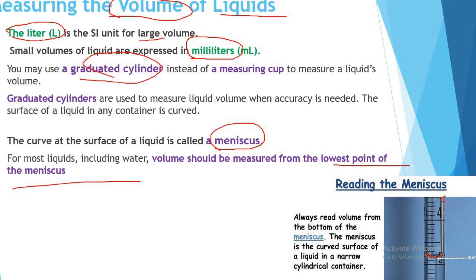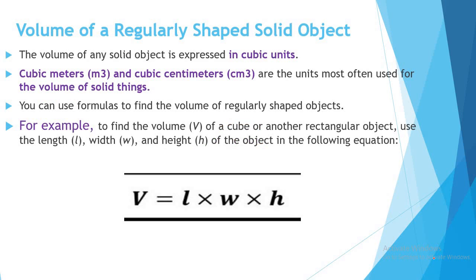So the volume of this liquid here is 4.8 liters. So we read at the lowest point of the meniscus.